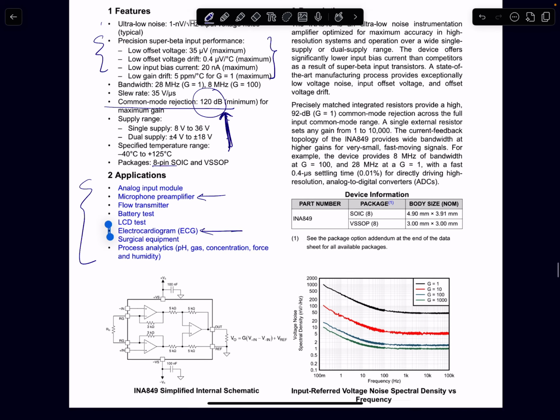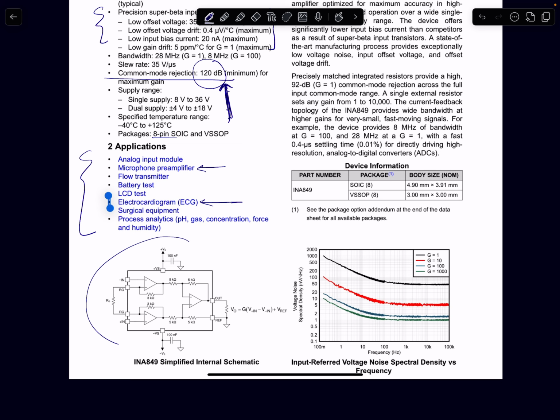Okay, so here if you guys can recall, this is our instrumentation amplifier that we have been discussing so far. You can recognize this, and there is one external resistor. Okay, the gain of the stage, we have already analyzed this before, and you can see here it's given that the gain can be programmable from 1 to 10,000.